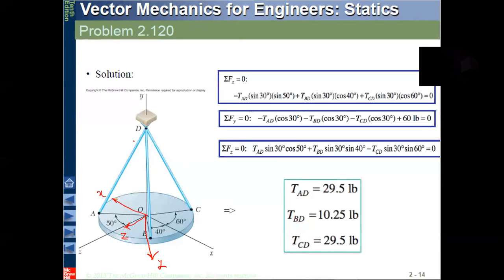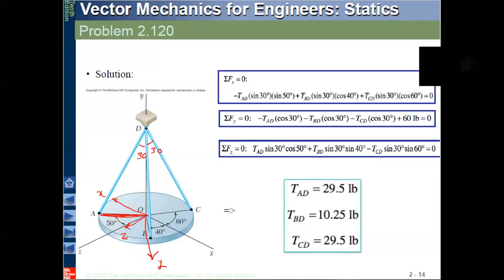All right, and you know that each of the forces makes a 30 degree angle with the y direction. So if you multiply T of AD by sine of 30, you will get the projection of this force on the xz plane, which is the opposite side of the 30 degree angle.